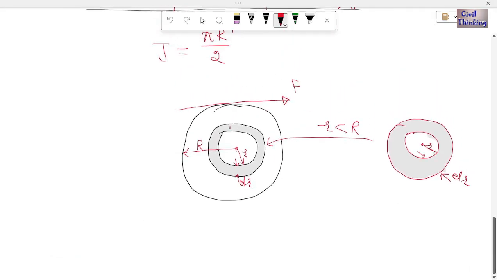So let us say on this strip the force is dF.